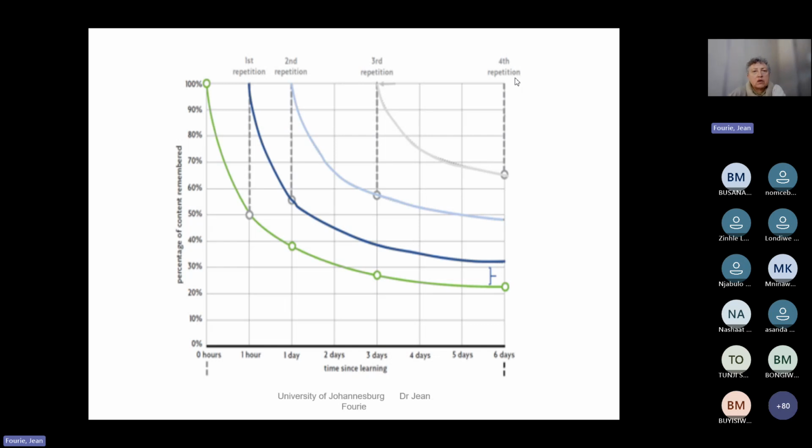That principle of repeatedly looking at content allows content to get into long-term memory more effectively than if you just look at the information one time and think that you kind of have it.